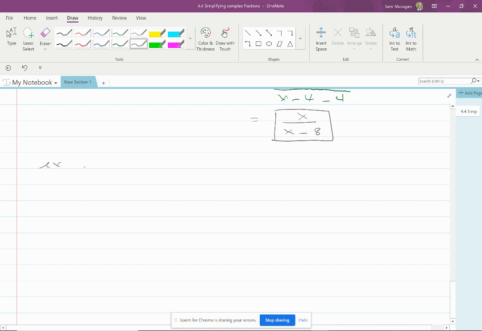Example: 6 over x minus 1 minus 2 over x plus 1, over x over x minus 1 plus 1 over x plus 1.